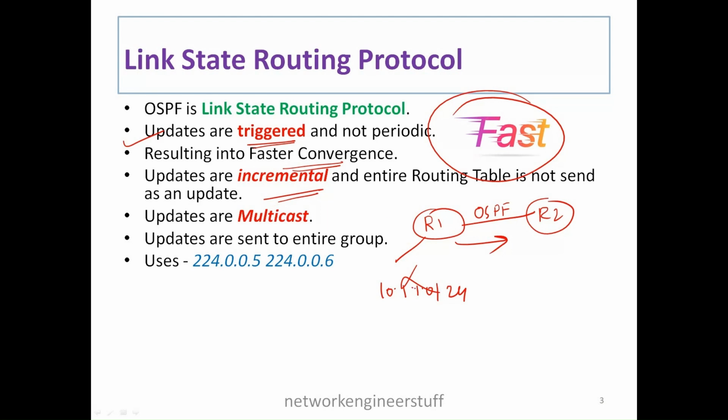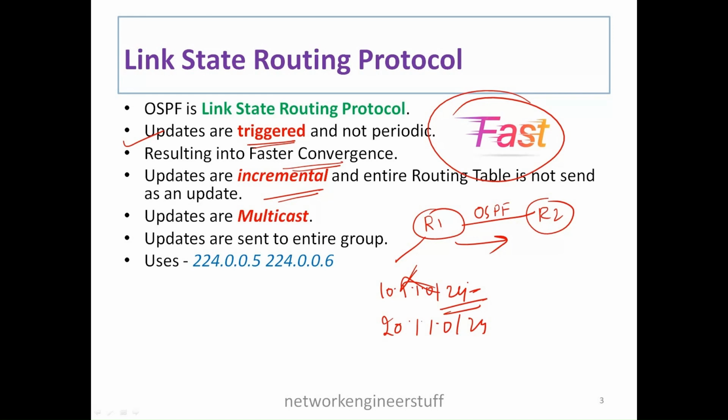So let's say if we take the same example, there's one more network, 20.1.1.0/24, and let's say this network goes down. So OSPF will send the update only regarding this particular network which is down, which has undergone some change.